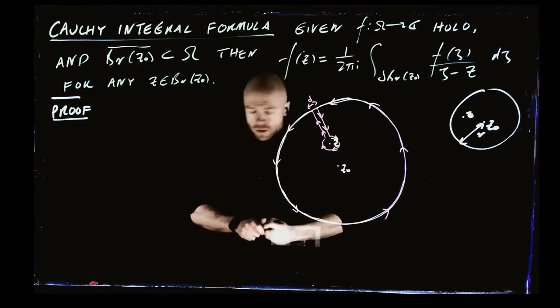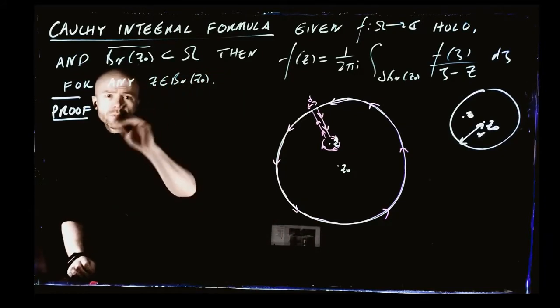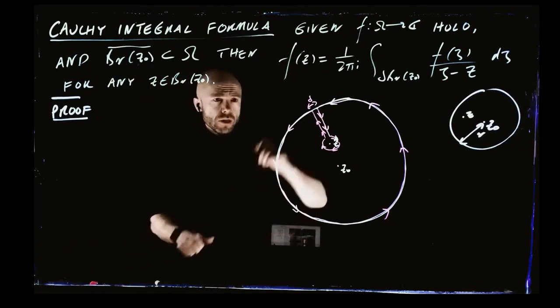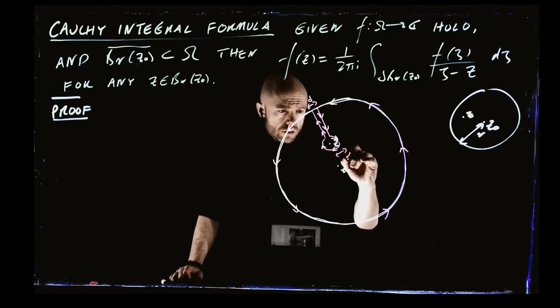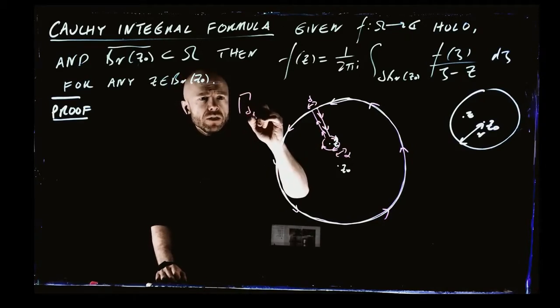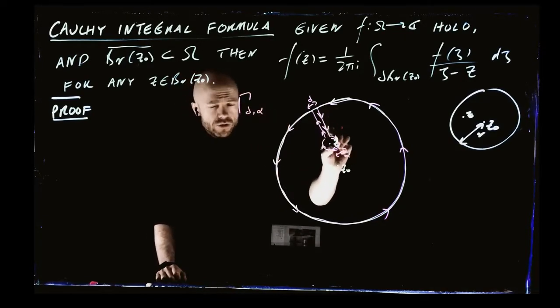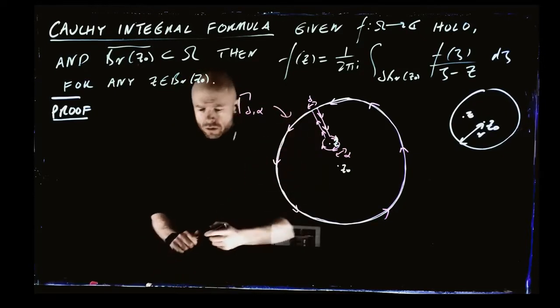All right, so first claim is that this keyhole contour will be denoted by gamma of delta alpha, where alpha is the width of the small little circle here. Okay, this is our keyhole contour.